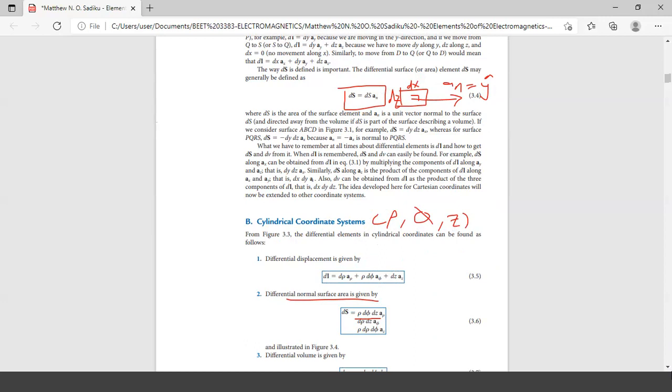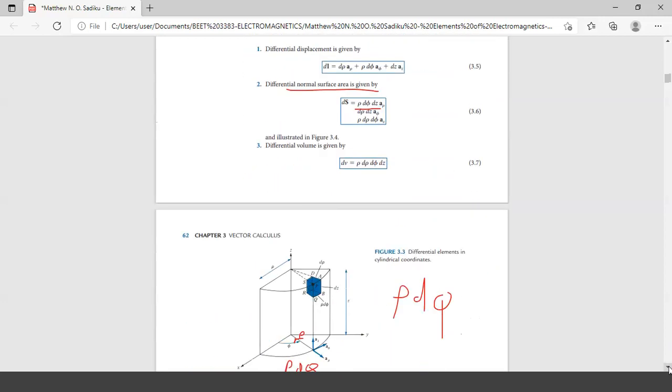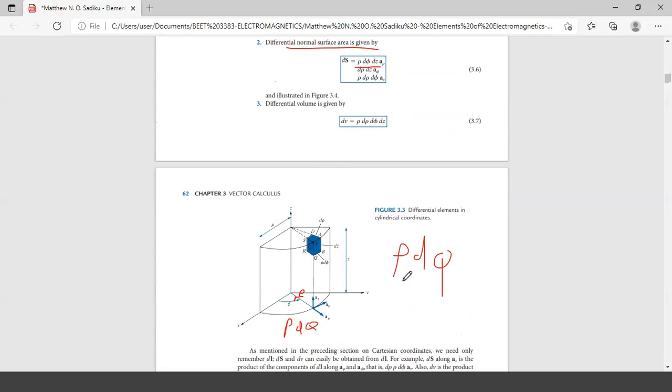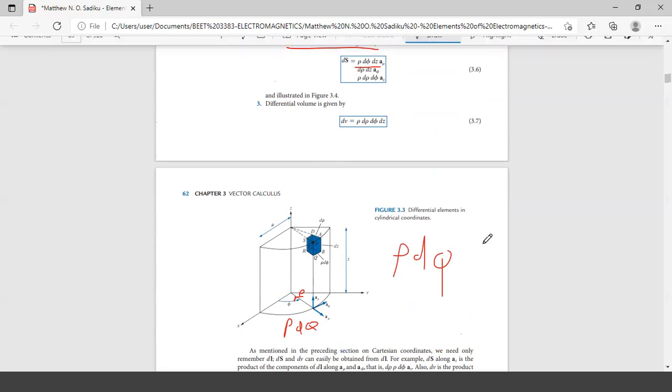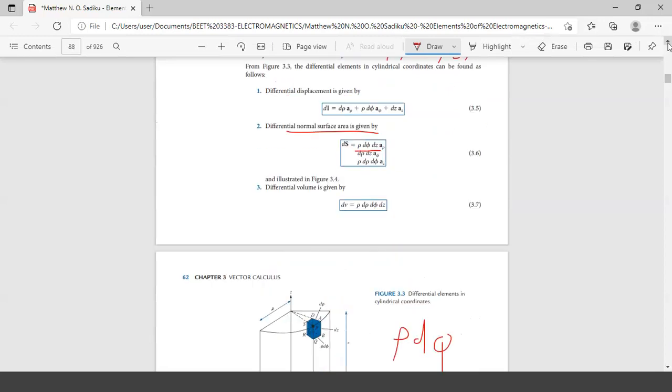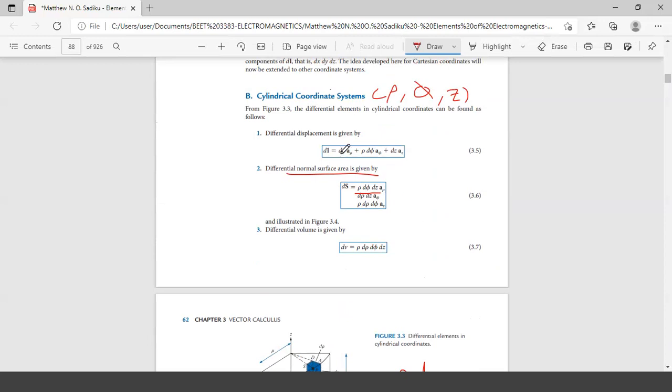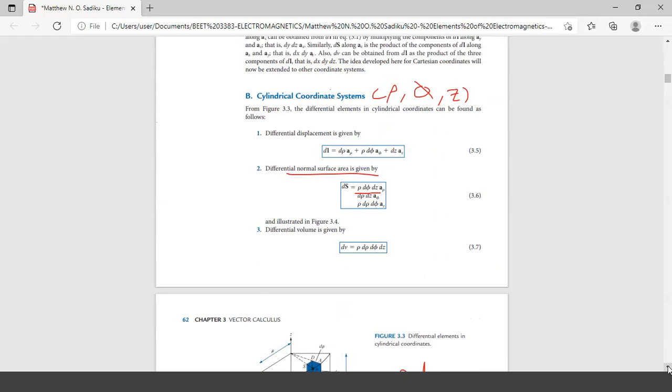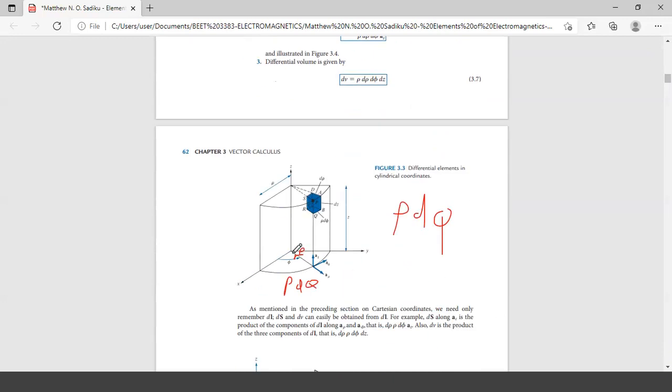In this coordinate system, the differential element of length displacement dl equals d rho, the differential of rho in the direction of rho, and the differential of phi in the direction of phi, but phi depends on rho.